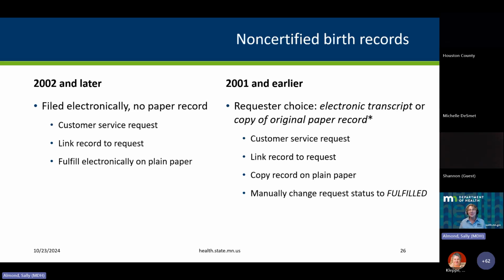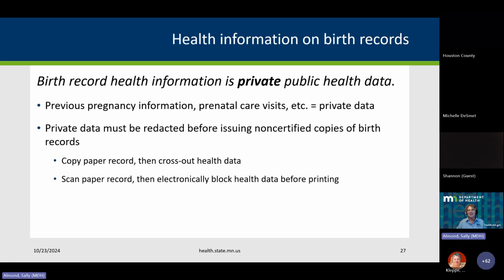So if you're issuing a copy of a paper record, you're still going to enter a customer service request in MRNC, link the record to the request before making that plain paper copy for your customer. But because health information on birth records is classified as private data, you must redact that private public health data that appears on birth records.